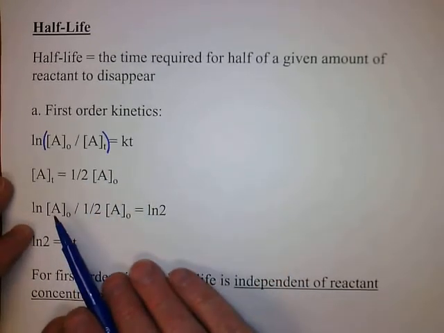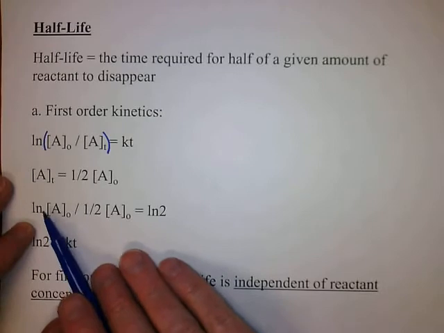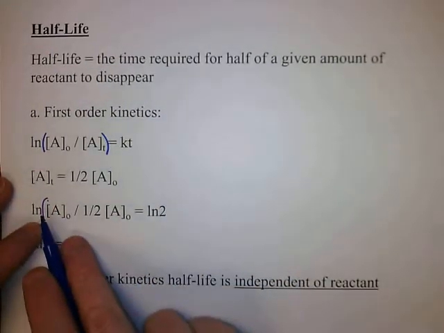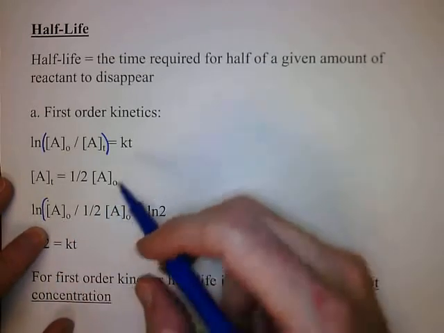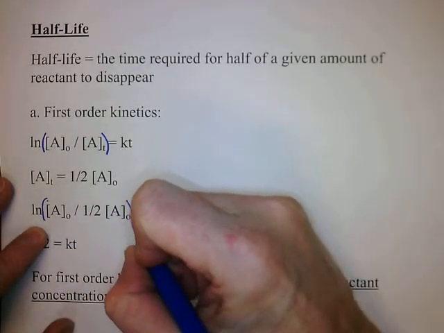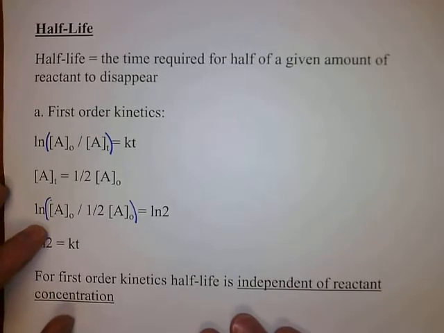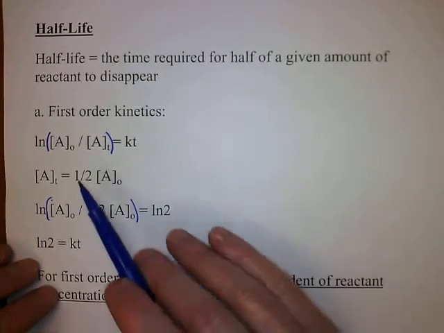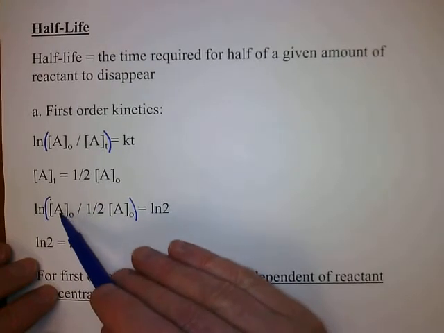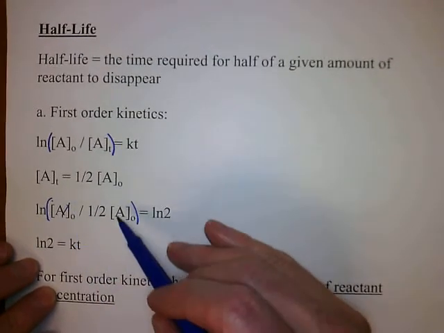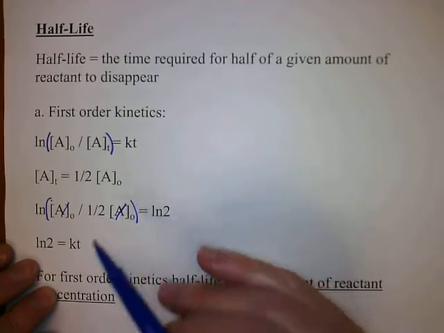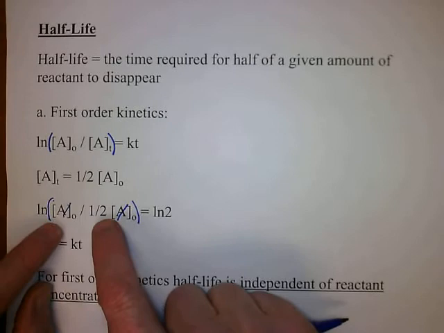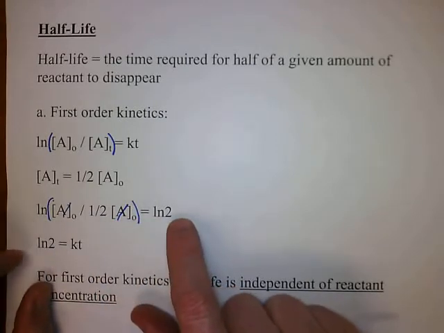Right, so concentration at time t is equal to 1/2 the initial. So now we have the natural log of the ratio of the initial concentration divided by 1/2 the initial concentration, right? And so the concentrations will cancel, and what we're taking the natural log of is 1 over 1/2, which is 2.